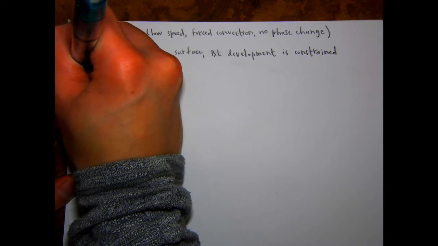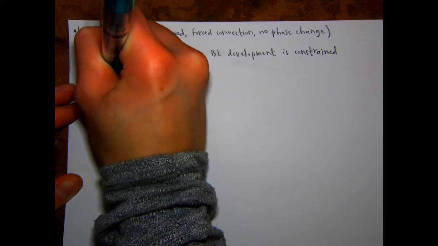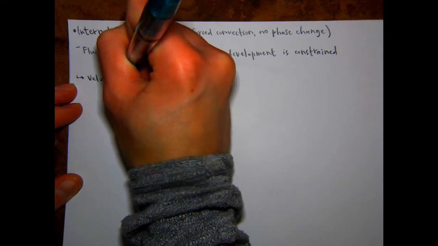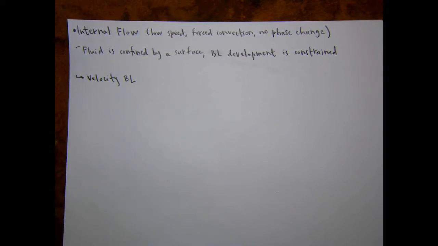So we will have a velocity boundary layer and a thermal boundary layer, just like in external flow. So we'll talk first about the velocity boundary layer.